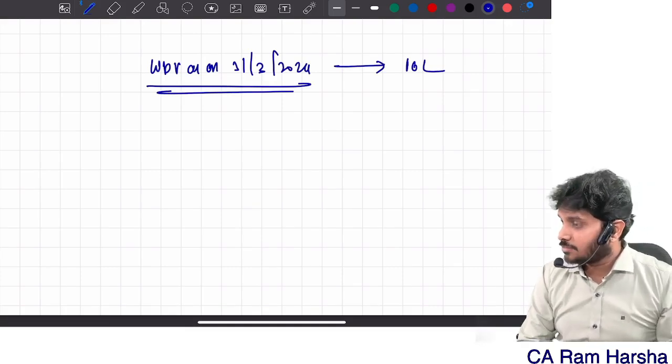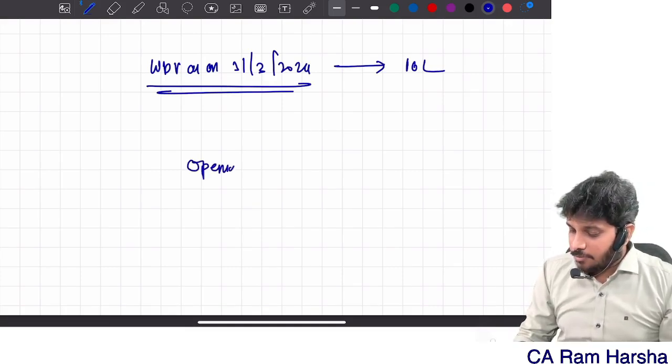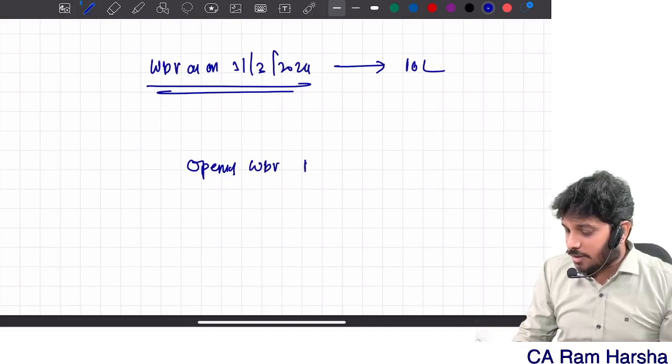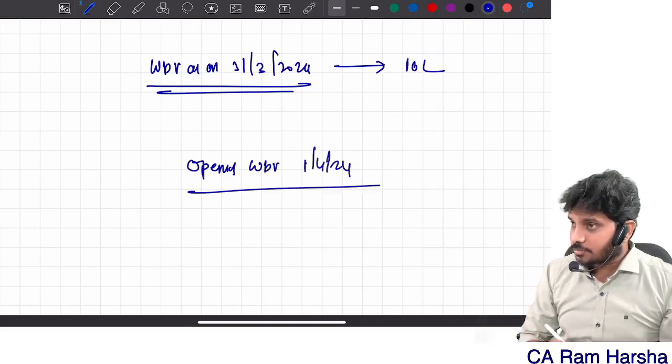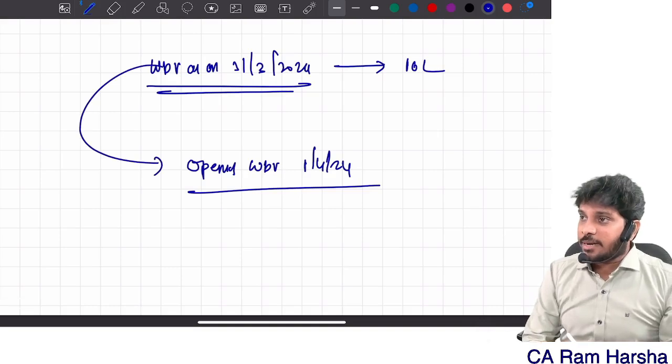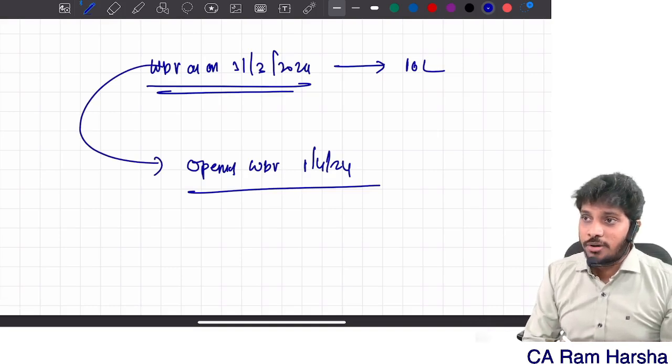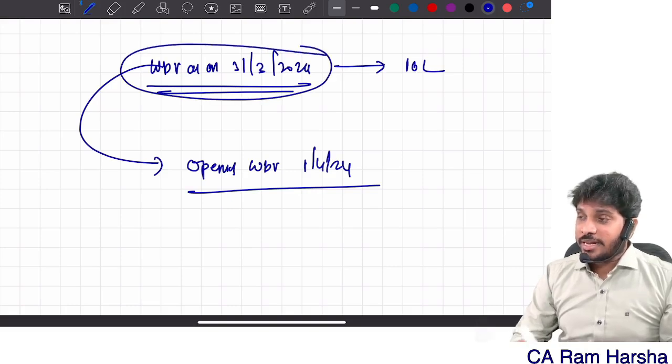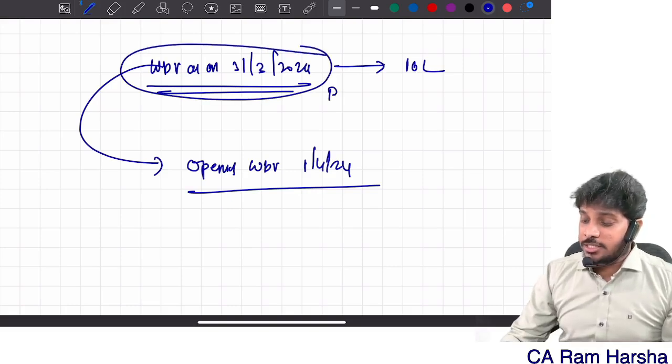Can that be called the opening WDV as on 1/4/2024? No. WDV as on 31st March 2024 generally means before depreciation.